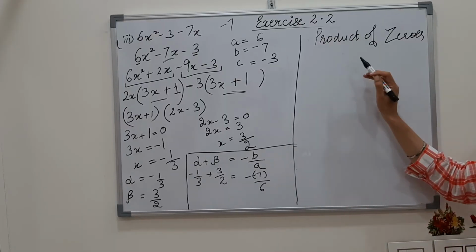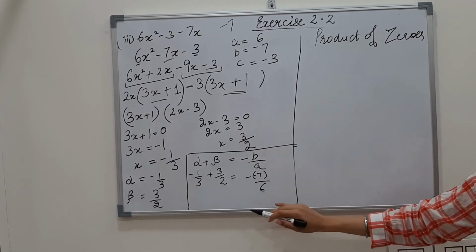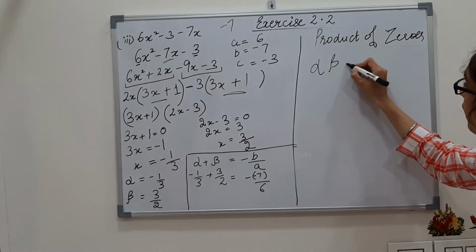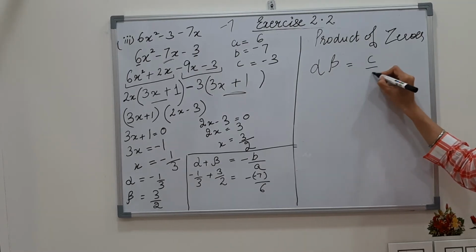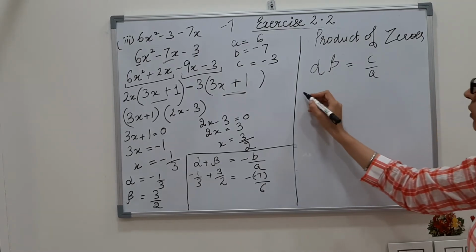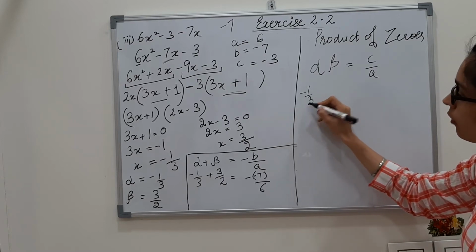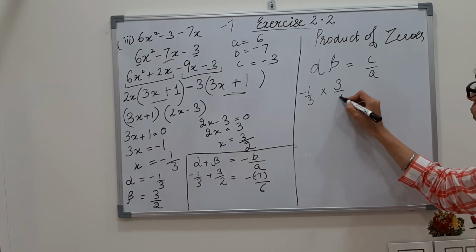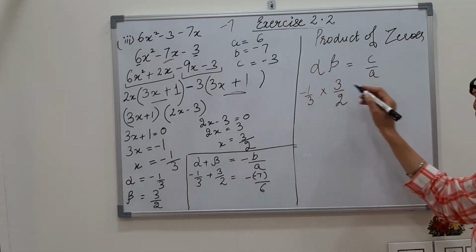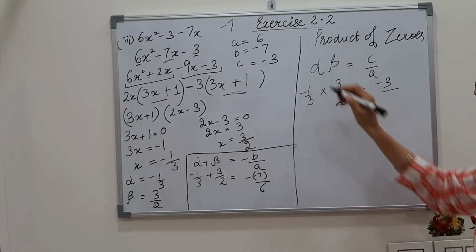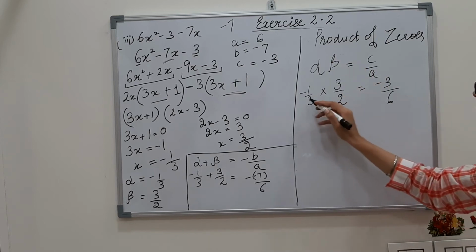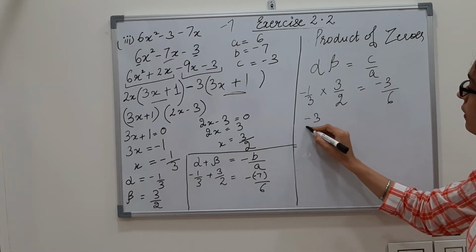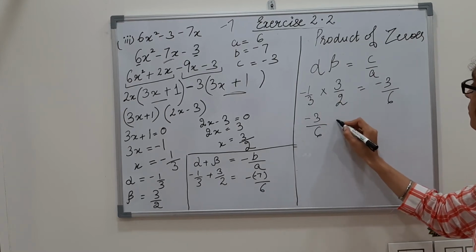Now we have to verify the zeros with the product of zeros, that is alpha into beta is equal to c upon a. Here alpha is minus 1 by 3 into beta is 3 by 2. C is minus 3, a is 6. We'll multiply it: minus 1 into 3, minus 3, 3 into 2, 6.